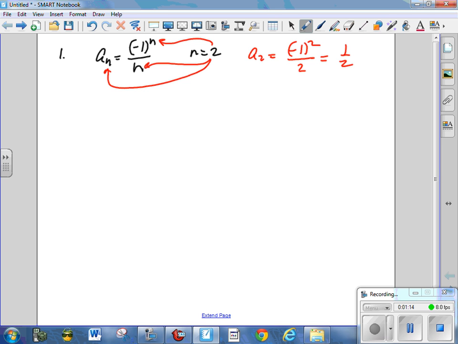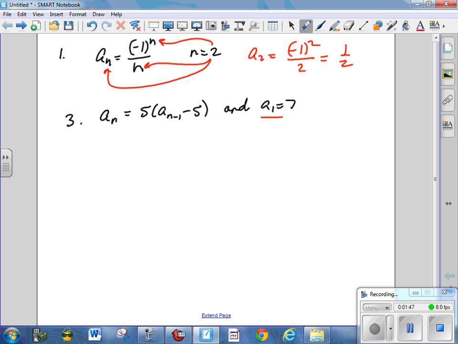That's all you do. Now when you see something like a recursive sequence, okay, so for example number 3, find the third term of the recursively defined sequence. So number 3, you're saying a sub n is equal to 5 times a sub n minus 1 minus 5, and a sub 1 equals 7.